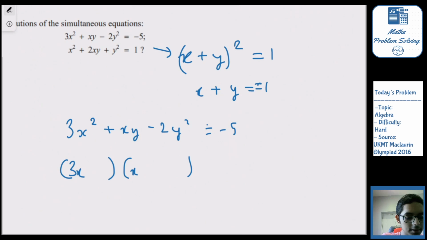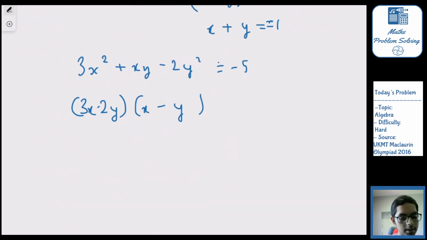Similarly, the minus 2y squared term must have been made by multiplying minus y times 2y, or minus 2y times y. So we can use these methods to factorize this more simply. In this case, it will be minus 2y and plus y, and the reason for this is the middle term, the plus xy.